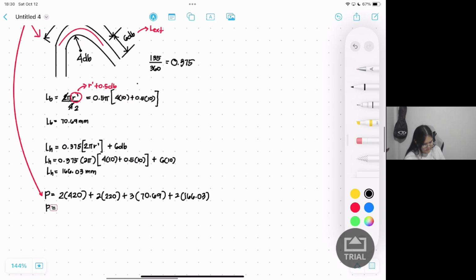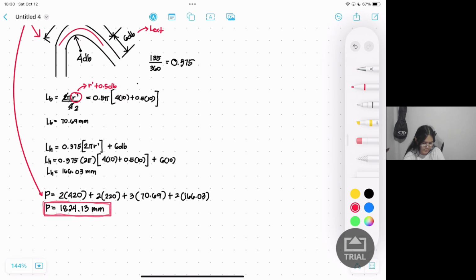So, calculate nyo yan. Makukuha nyo 1,824.13 mm. Okay? So, kahit yan na yung answer nyo guys.